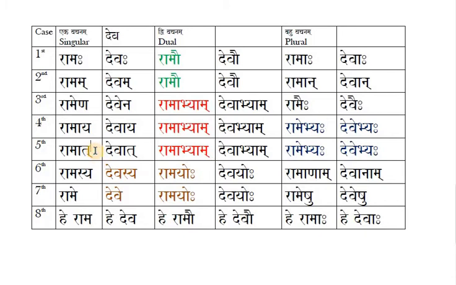Then the fifth case, representing from: from one Rama, from two Rams, and from many Rams. Then Ramasya, of one Ram; of two Rams is Ramayoho, and of many Rams, plural, Ramanam. Then Rame, in one Ram; in two Rams, Ramayoho; in many Rams, Rameshu.